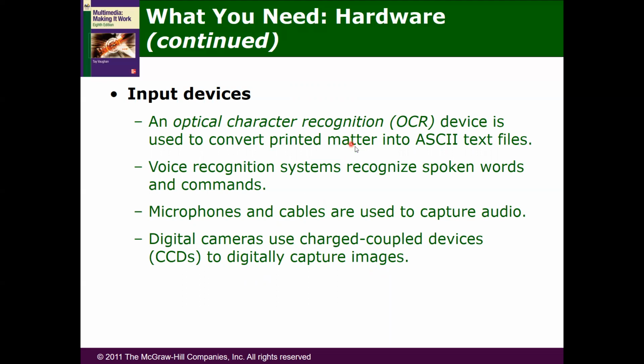Optical character recognition converts printed text into an ASCII text file. ASCII is the American Standard Code for Information Interchange. Something written in English in print is converted into a language that your computers can understand.